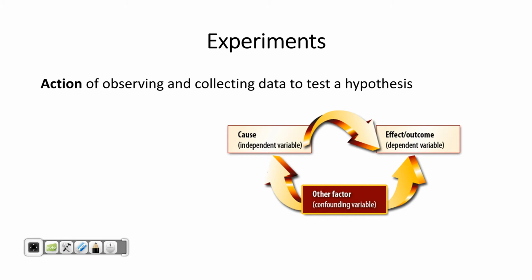I like this diagram because it talks about the idea of cause and effect. We're going to be looking at what are called the independent and dependent variables, because in an experiment we usually only want to test two things: how one thing affects another and see what the outcome is.